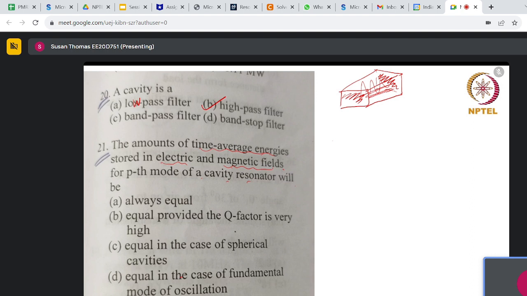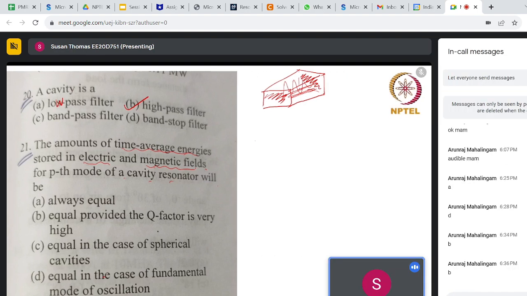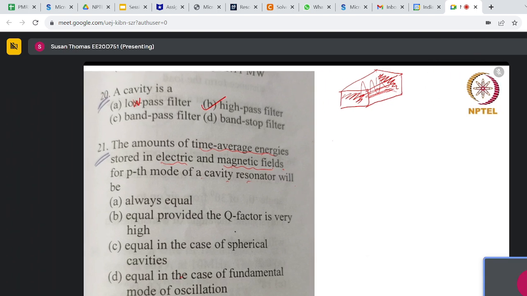So I hope you know that there are multiple modes, say in case of a rectangular waveguide or in case of a cavity resonator. We know that there are multiple modes of propagation. So the fundamental mode of oscillation, then the multiples of that resonant frequency.